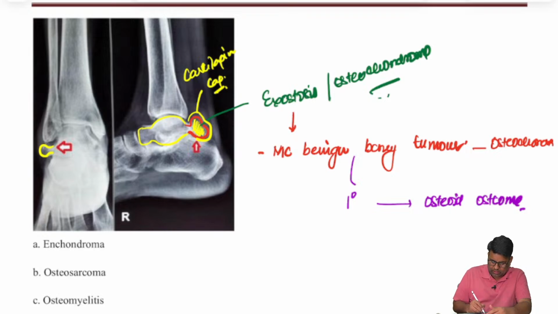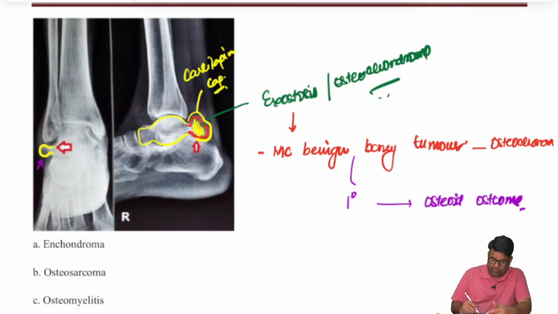Chondro is actually cartilage. It has a cartilaginous component as well, and since that cartilage is not shown on X-ray, when we take the X-ray, we presume that the tumor is only of this much size. But when we operate, we find the size of the tumor to be much larger than what is shown on the X-ray, because it is covered by cartilage.